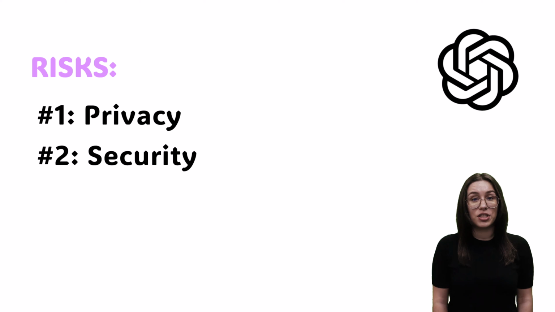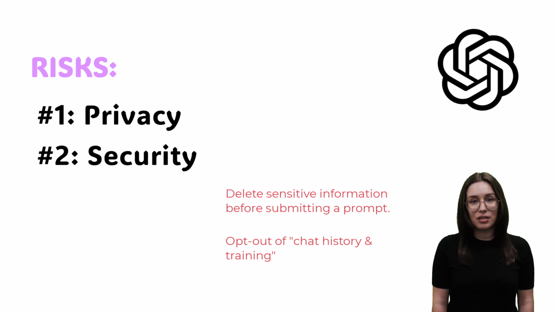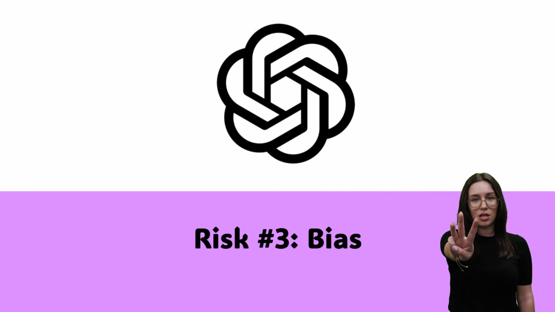So be cautious and keep in mind that whatever you are sharing with ChatGPT can be susceptible to being leaked later on. The strategies shared to mitigate risk number 1, privacy and confidentiality, also apply to mitigate risk number 2, security. Risk number 3, bias.